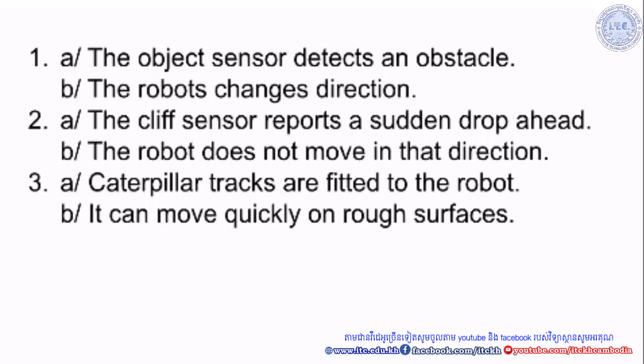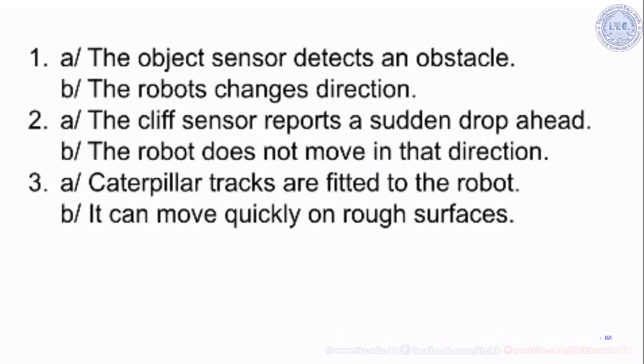B, the robot does not move in that direction. Number 3: A, caterpillar tracks are fitted to the robot. B, it can move quickly on rough surfaces.